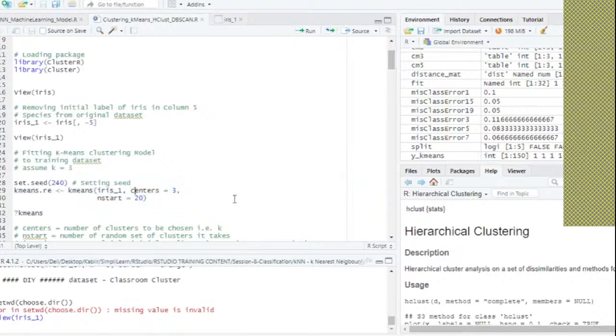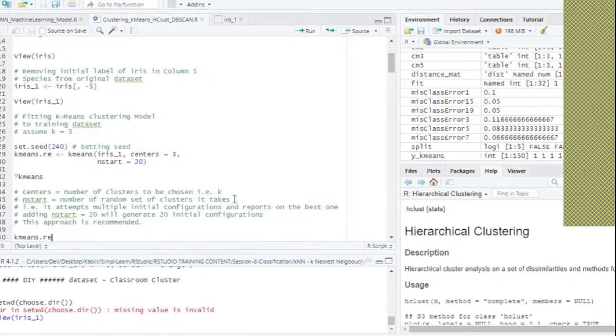Centers equal to 3 means the number of clusters. Then nstart. What is nstart? It's a random set of clusters that it takes. So basically it is the iteration. It creates 20 initial configurations randomly, and then reduces them down to 3.